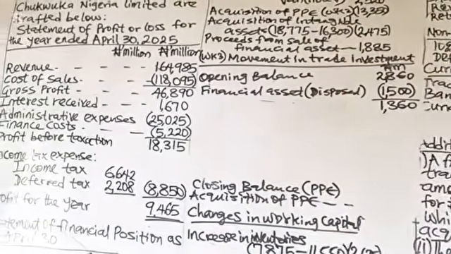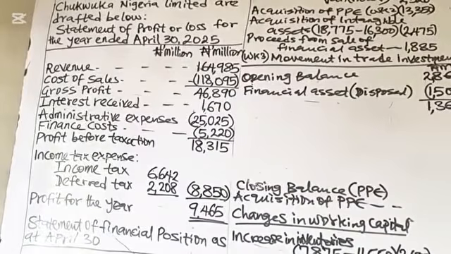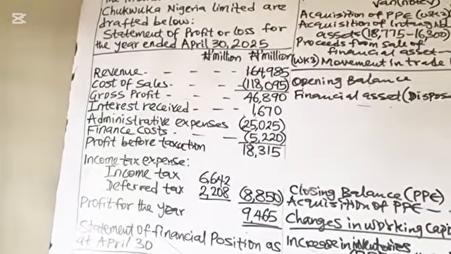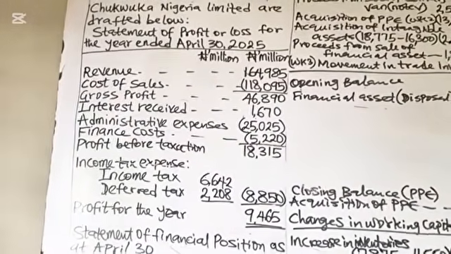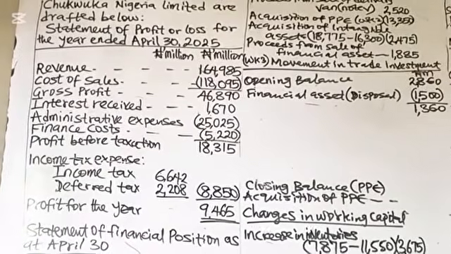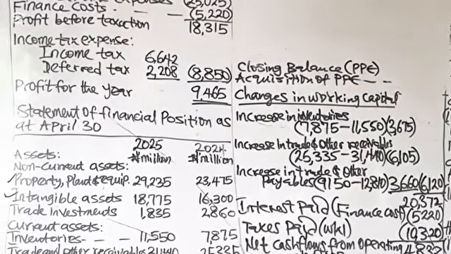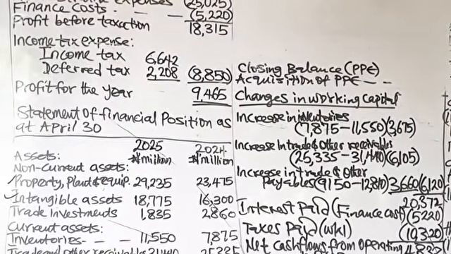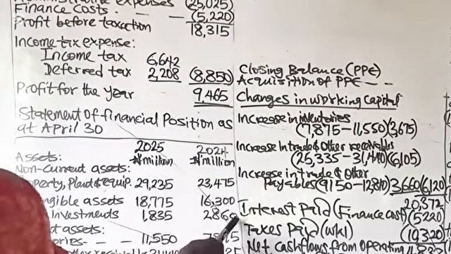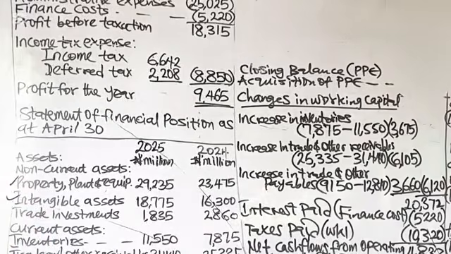Then if you go through the investing activities, you have the closing balance there. The opening balance of 2,860 has been written. Then we have the closing balance of 1,835.